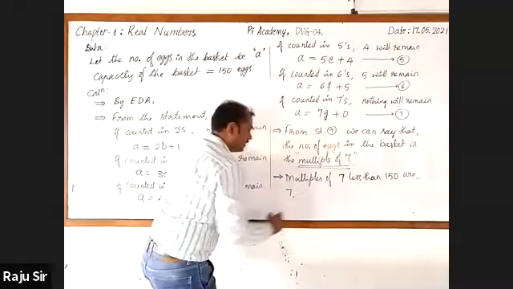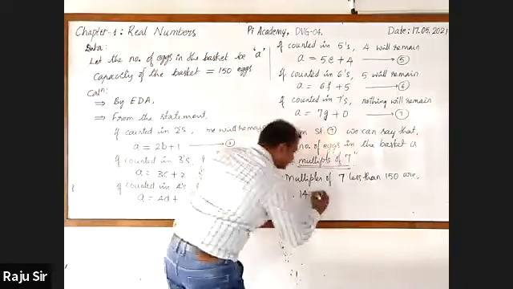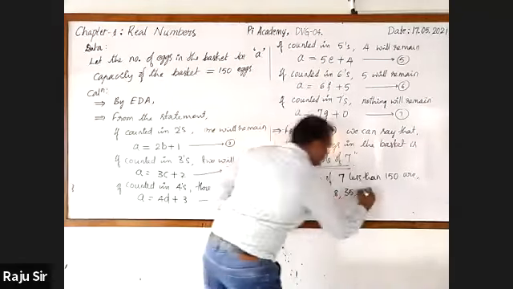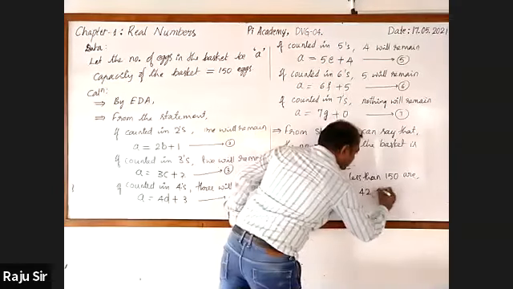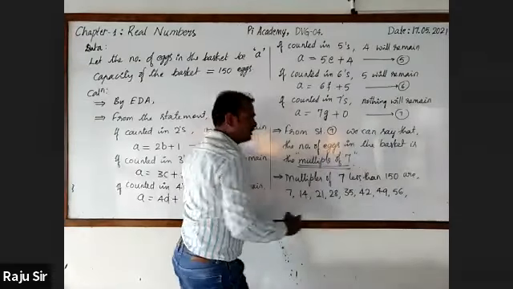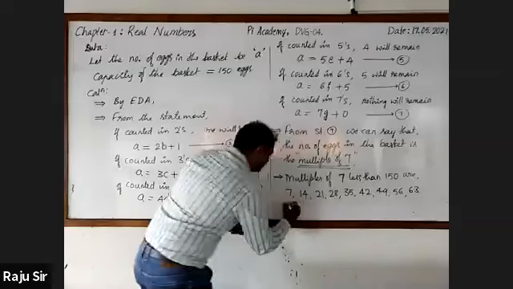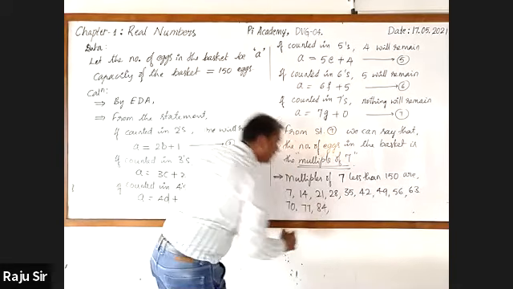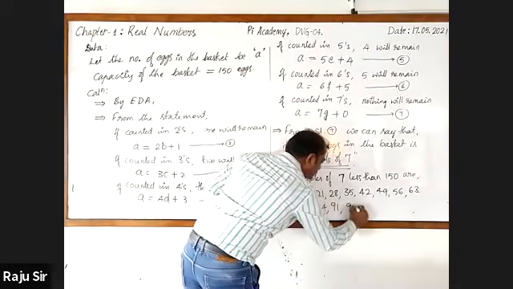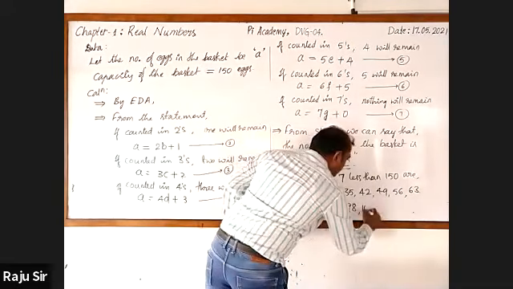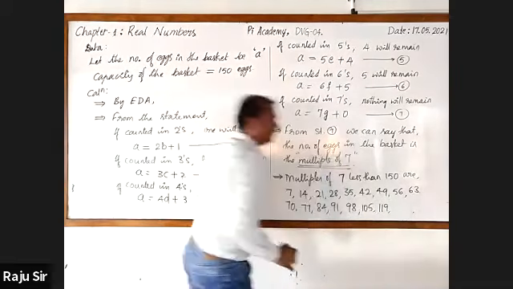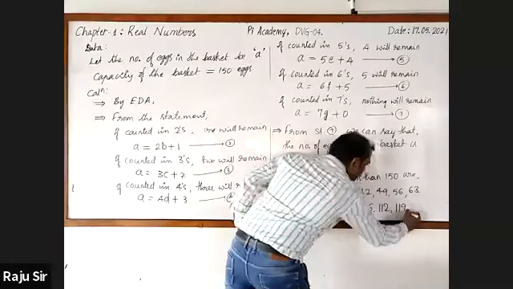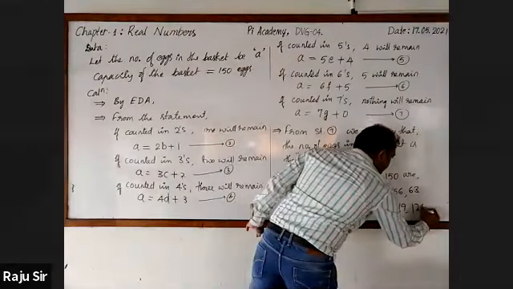It is 7, 14, 7 3s are 21, then 28, 35, 42, 49, 56, 63, 70, then 77, 84, next is 91, next 98, next 105, 112, 119, next plus 7, 126.